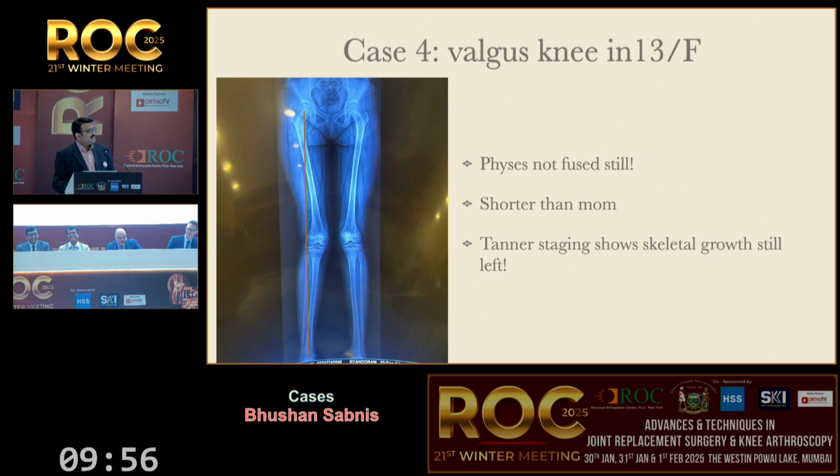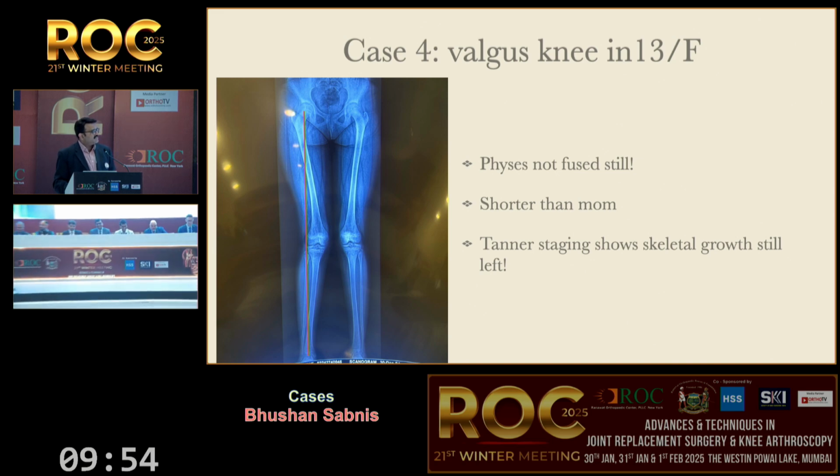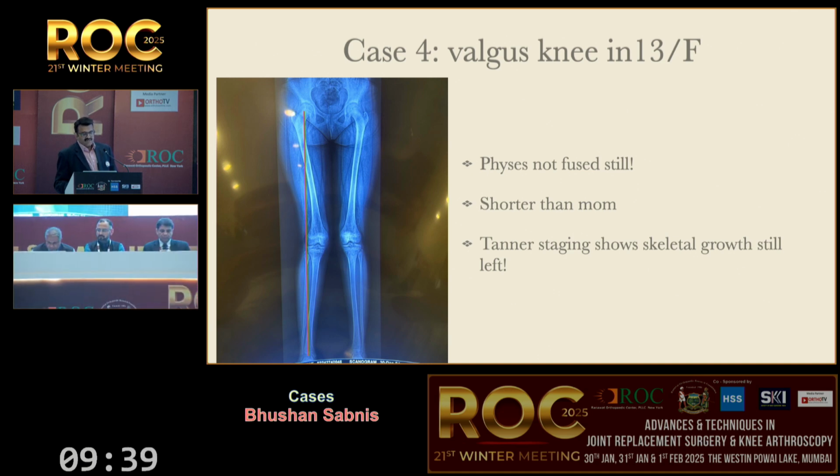Now, one of the key points that I mentioned in the last patient was someone told her to wait for skeletal maturity. How many of the panelists will wait for skeletal maturity in these patients, or would do something else? Similar patient group? The physis is already fused in this patient. No. I've got an MRI to confirm as well. This is just an example. This is not an osteotomy thing. As luck would have it, this is something I did yesterday.